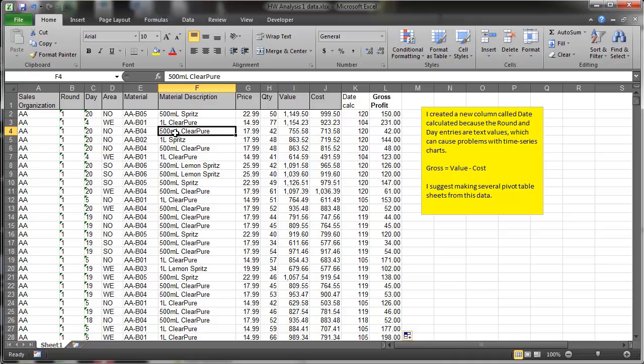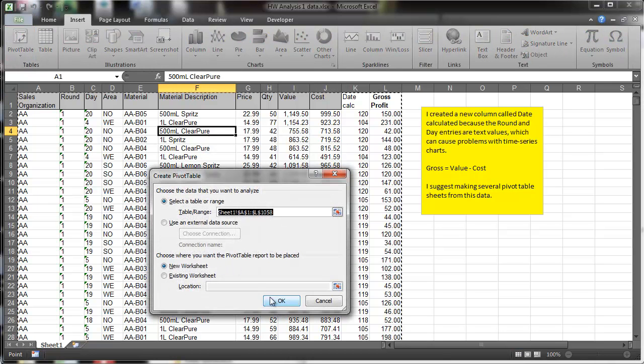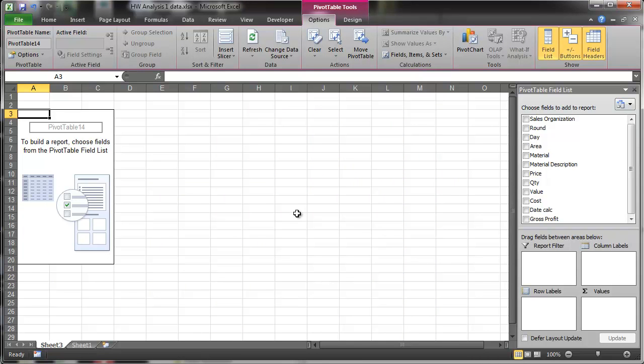The next thing you want to do is answer a question about the probability that it's a clear, pure product. So I think I'm asking whether it's either 1 liter or half liter clear, pure. That's the idea there. And what I suggest you do is create pivot tables from this and then work from there.